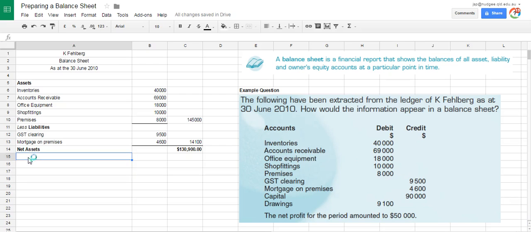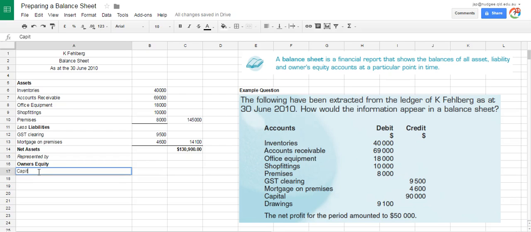Now we use this interesting word here called represented by, and you'll get a feel for how this works in a moment. Now our net assets are represented by owner's equity. Bold that.